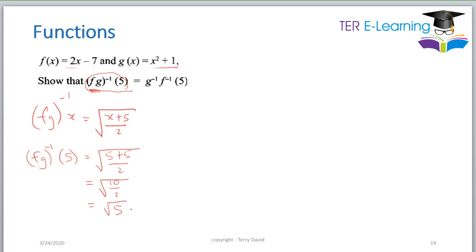We could pause there. So what we've done, we worked out the left hand part of the equation and we've gotten the square root of 5. Now, you already worked out what f inverse was and what g inverse was.